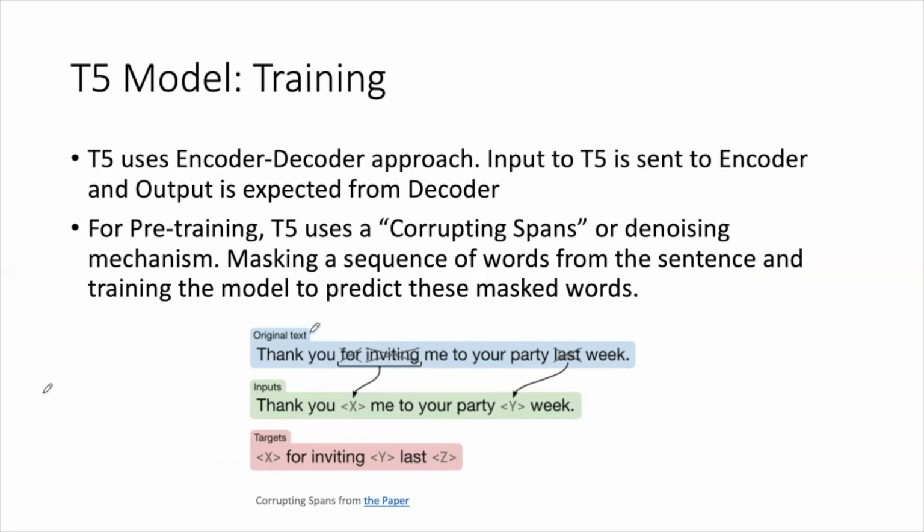Given a sentence, we replace a span of tokens with certain markers like X, Y, etc. This is what is provided to the encoder. What we try to predict in the decoder is the words that are missing, and the other words are left as blanks. That's what we do in the decoder.